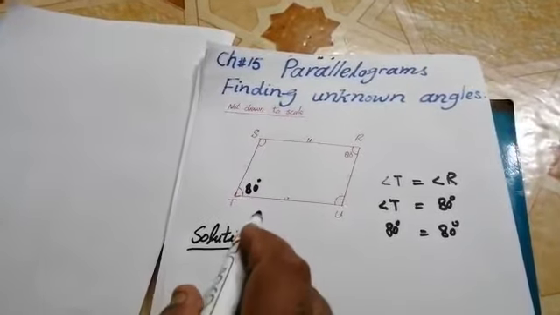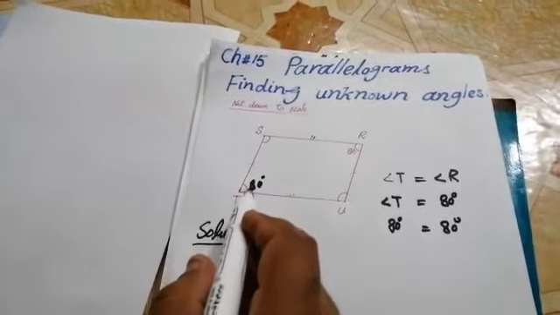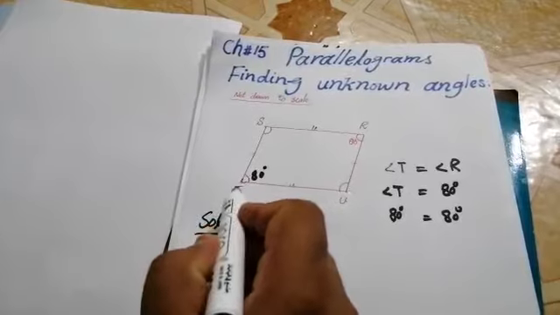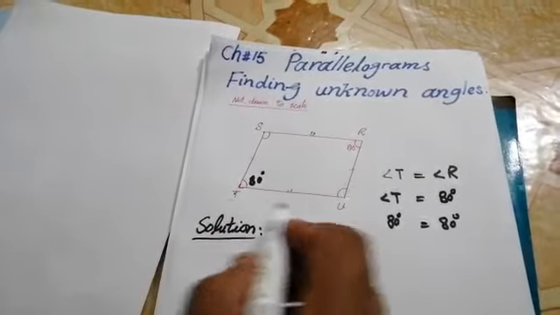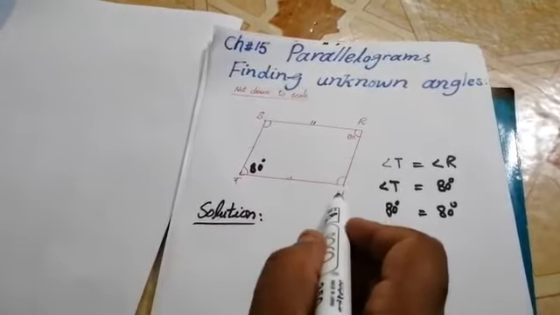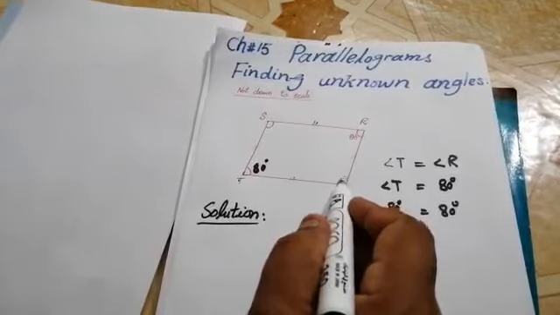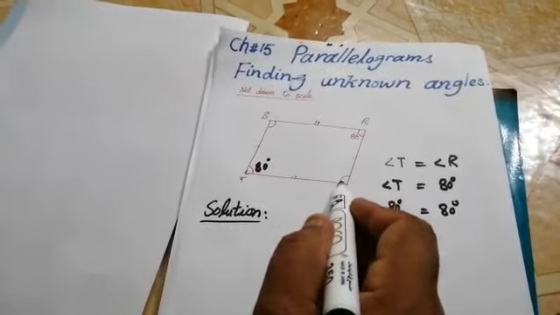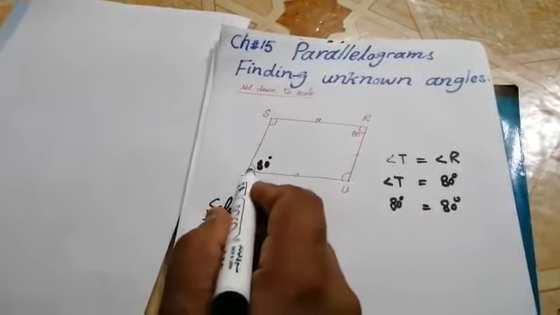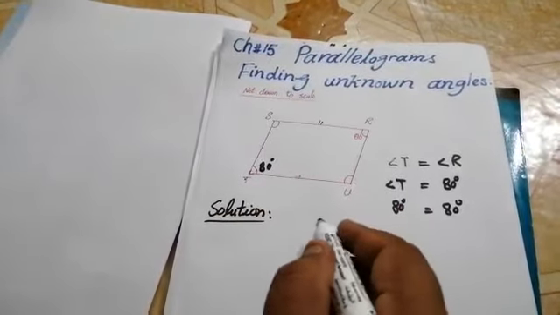Another property of a parallelogram is that you need to add this angle. This T and U are formed on the same line. When you find the angle U, as you can see, boys, if you add this angle and this angle, they form a half circle, right? And a half circle equals what?